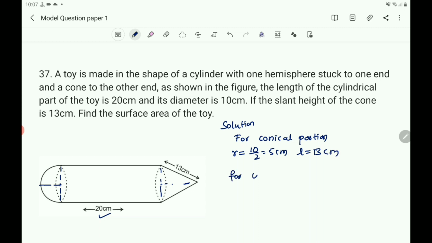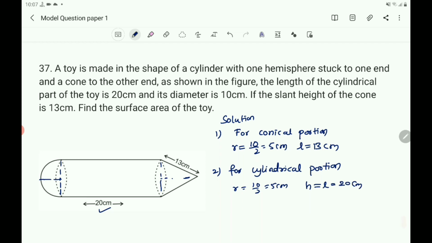For cylindrical portion, R is same, that is 10 by 2, 5 centimeter, and length, that is nothing but H equals L, that is 20 centimeter.